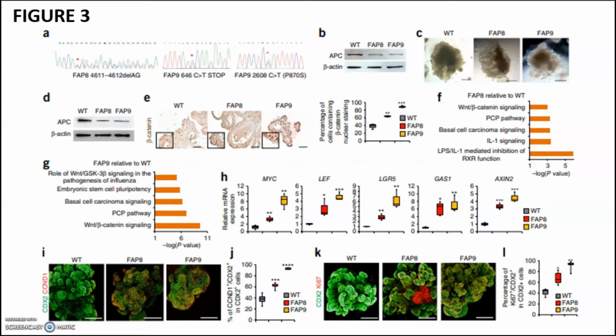And then the skin fibroblasts from the two individuals created two different kinds of FAP, which is FAP8 and then FAP9, where FAP8 was with a 2 base pair deletion of APC, leading to a premature termination, and then FAP9 harbored a compound mutation resulting in a substitution of proline 870 with a serine.